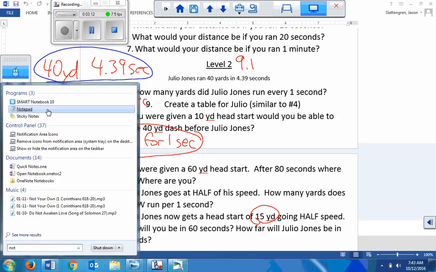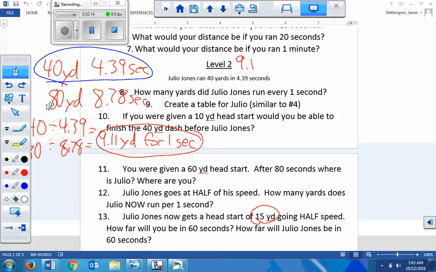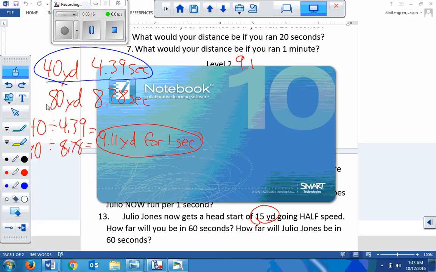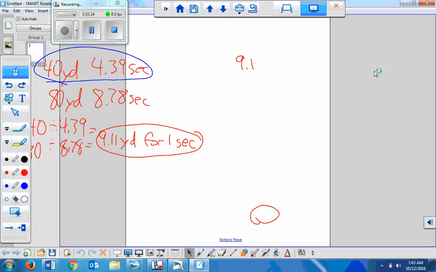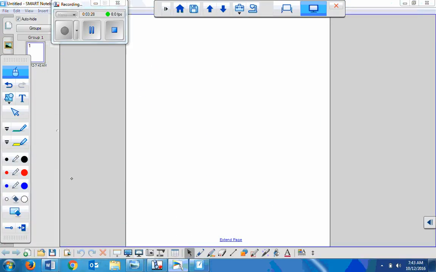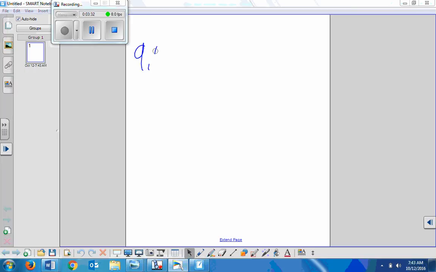We want to find that 9.11 yards per second. It's all the way over here. All right. So we have that 9.11 times the 60 seconds, but then we have to add in that 15-yard head start.